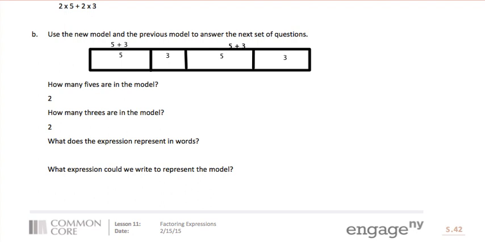In your student materials, you may or may not have the correct new model, but I've changed the model for you. So what we have in the new model is 5 plus 3, 5 plus 3, and 5 plus 3. Breaking it down, we have 2 5s and we have 2 3s.